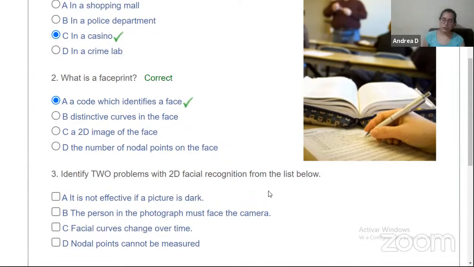Okay. So what are two problems with this 2D facial recognition? Anybody remembers? Or look at your notes. Maybe you have something there. Take a look at them.